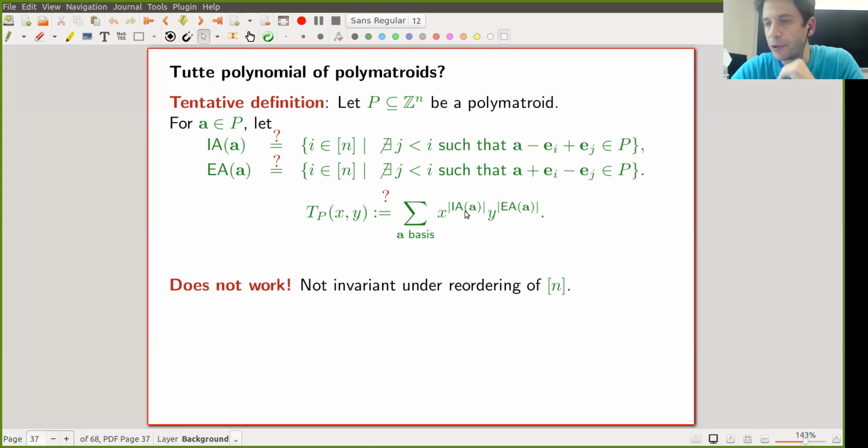So you don't get the miracle you had for matroids, where while the contributions are dependent on the order, the sum was not dependent on the order. But here, this miracle does not happen.